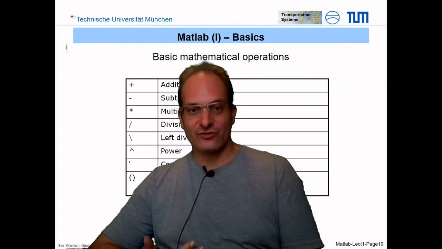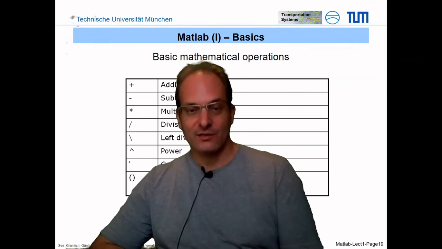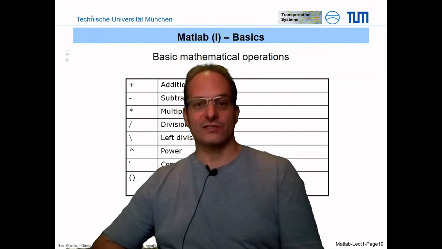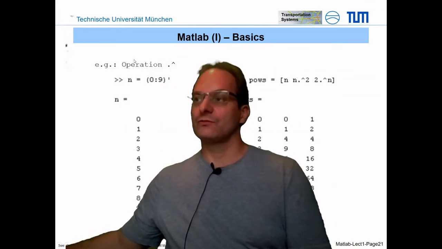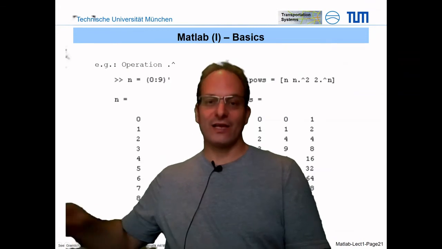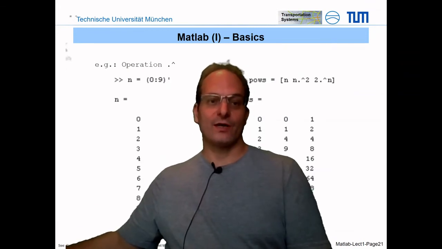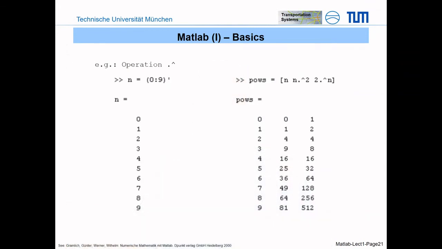So you will get different results for the different multiplications, and therefore you should now be able to calculate this here. If you watch this, we create a vector, and then we calculate the power ofs with power of 2. So do it and interpret the result here.